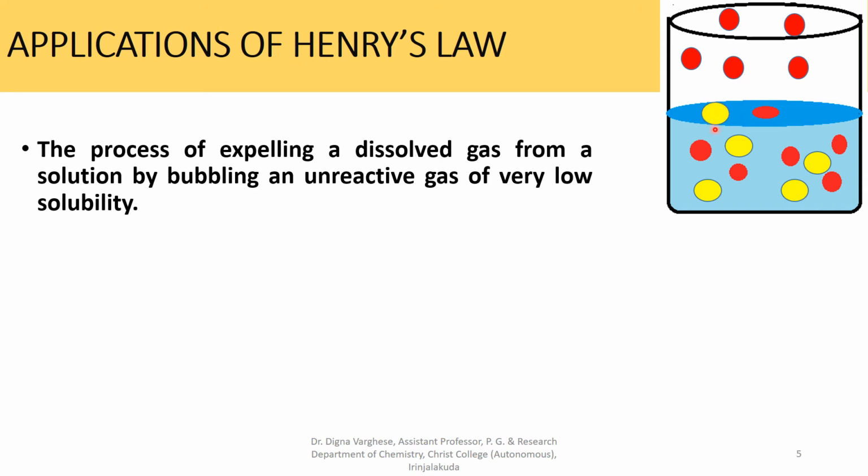Nitrogen is shown here as yellow in color, and dissolved hydrogen sulfide is shown in red. By the continuous bubbling of nitrogen, the dissolved H2S gas goes out from the solution.